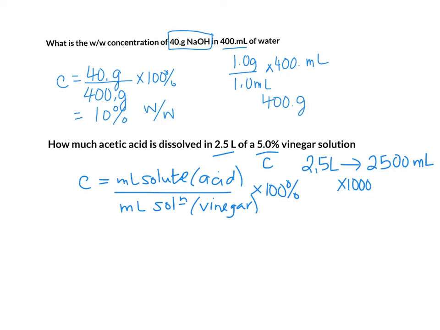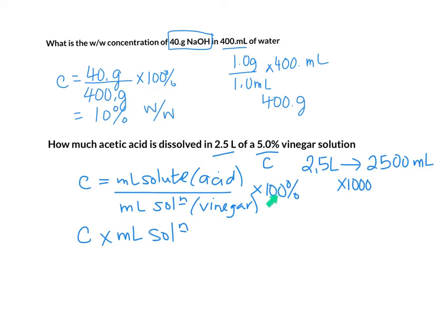So if you rearrange this, so we can isolate the acetic acid, which is the part on top, we move everything to the other side. So concentration is going to be multiplied by the milliliters of solution. If it's divided on one side, when you move it to the other side, you do the opposite math.